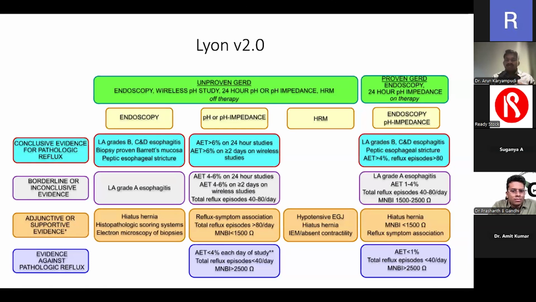You can also take help of mean nocturnal baseline impedance. Mean nocturnal baseline impedance is the luminal impedance in the distal esophagus in the night, measured by the software. When the impedance is less than 1500 ohms, it means that in the night the patient is having ongoing reflux. So borderline acid exposure with total number of reflux episodes more than 80 and low mean nocturnal baseline impedance would suggest the patient is having GERD.